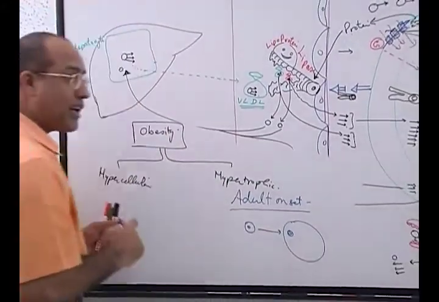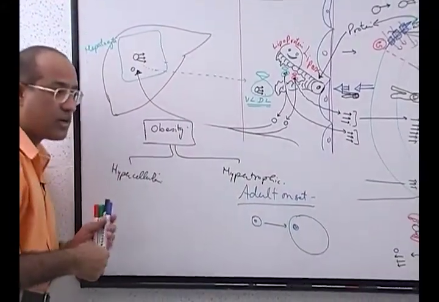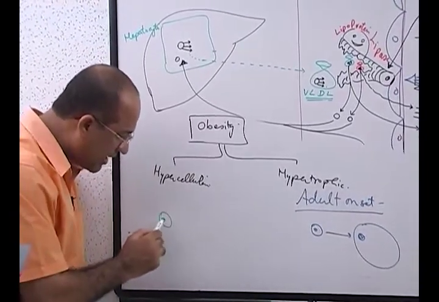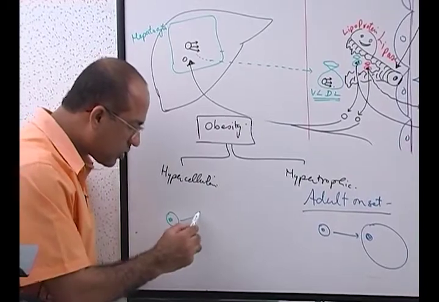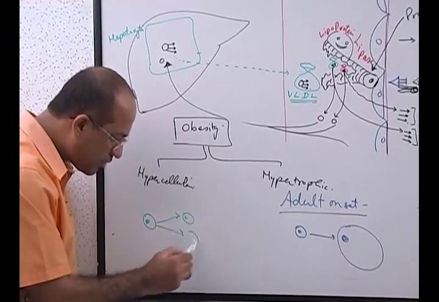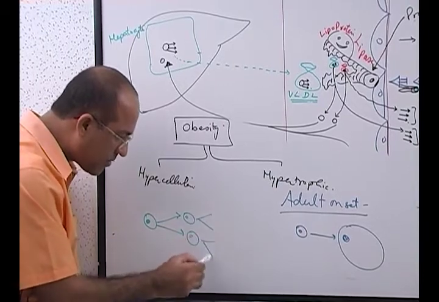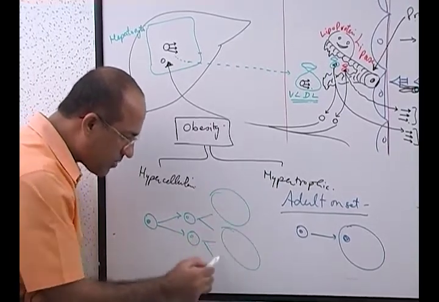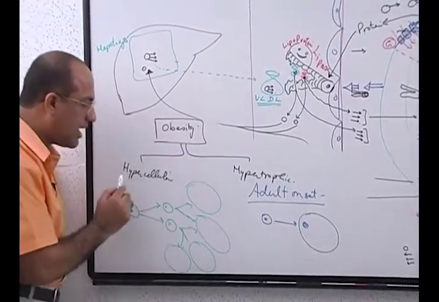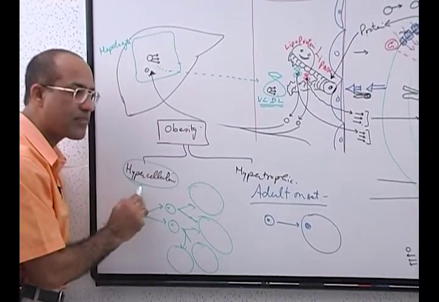But in early onset, child onset obesity, there is basically a small fat cell. If you are overfeeding, not only will this cell first multiply into many cells, but eventually they will become very, very large. This is called hypercellular.